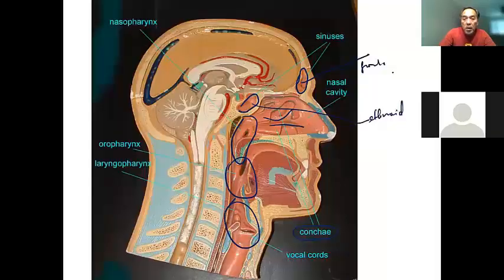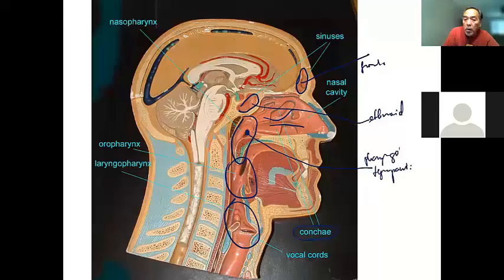All right, and let me actually go back a little bit because I need to identify those two structures that are here at the nasopharynx. This hole connecting the middle ear cavity is called your pharyngotympanic tube or auditory tube. And then you got tonsils here located at the posterior wall of the nasopharynx.